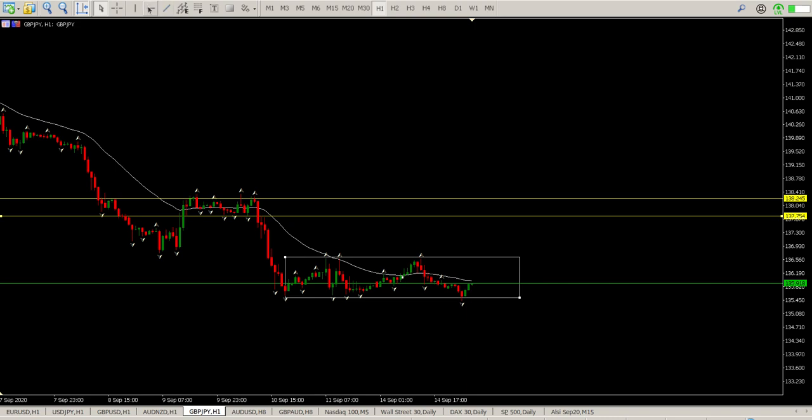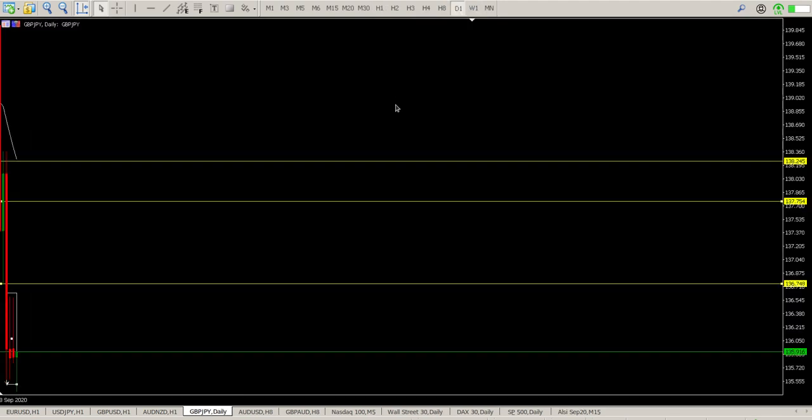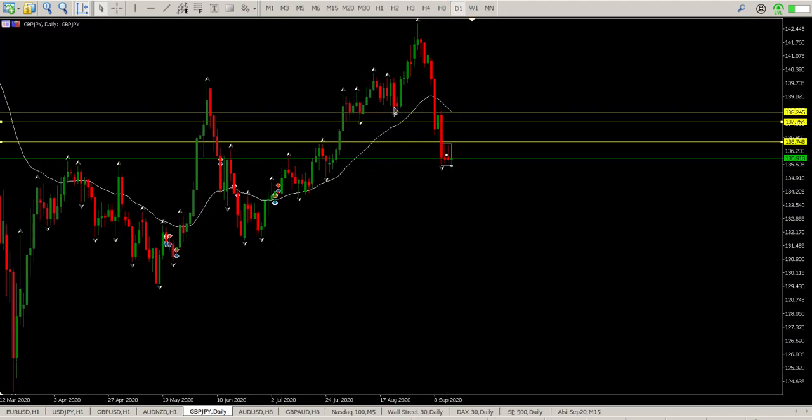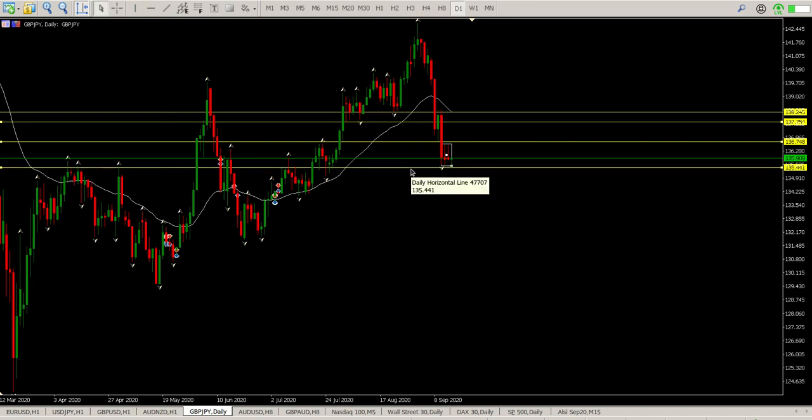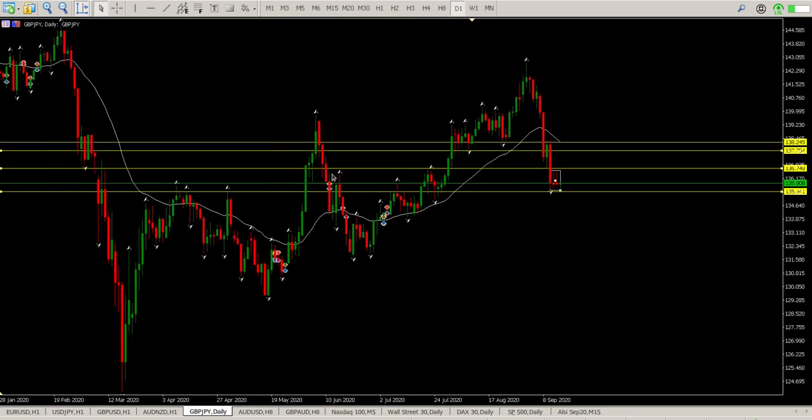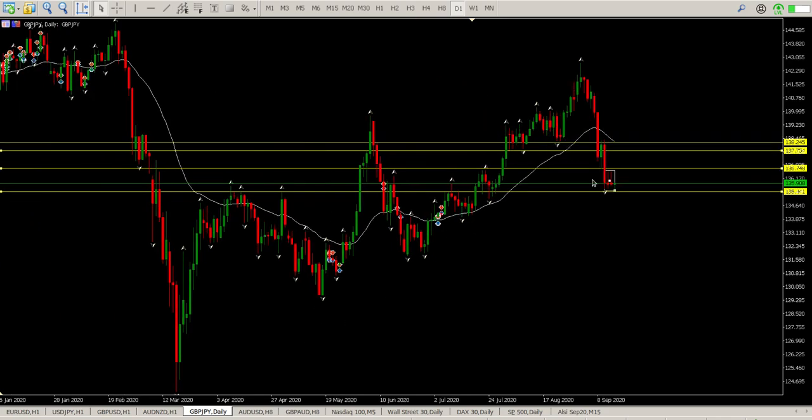Put this level in because your stop needs to be somewhere up here. Just want to get to the daily. Just bear in mind we've got a very, very strong area of support here as well. So this was a fairly strong move to the upside.